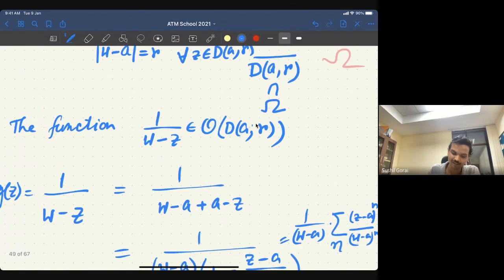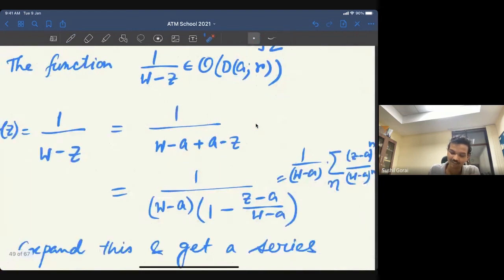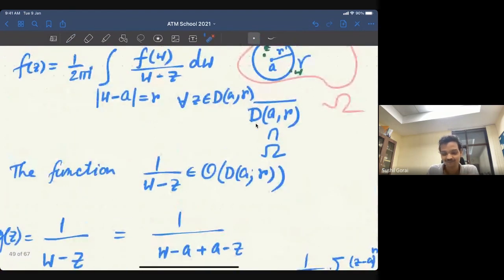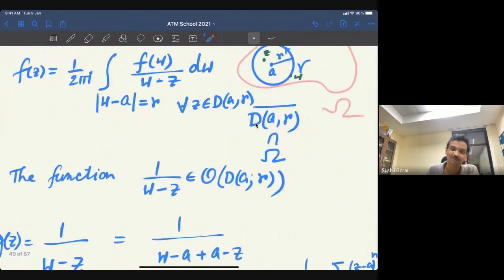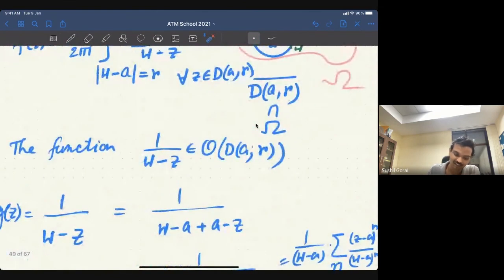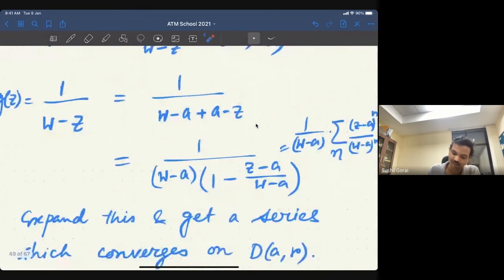Now you incorporate this in the integration here, and then you interchange the summation and integration. So you get a power series. Well, the convergence part I leave to you, but it converges. So that's how you show that once you have this integral formula, you can have a power series.